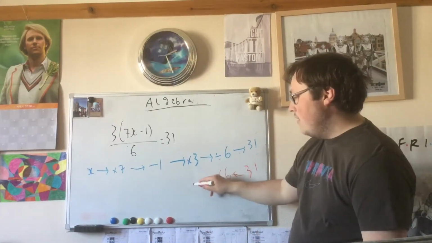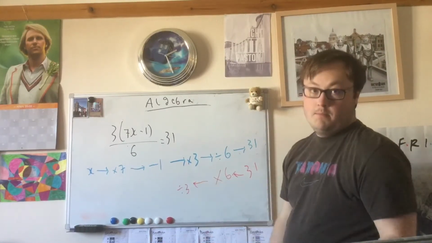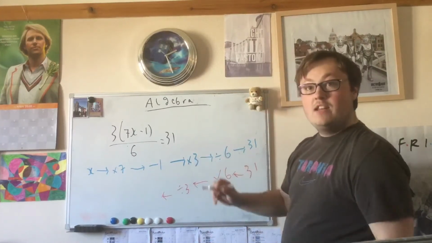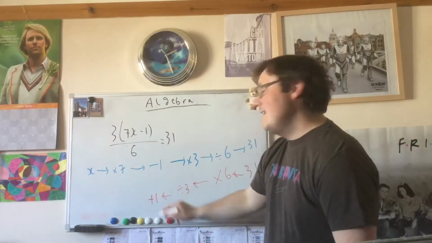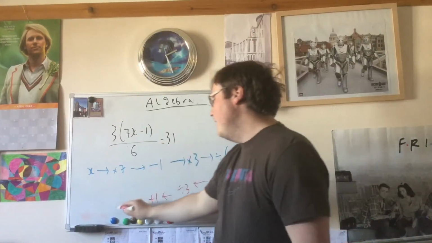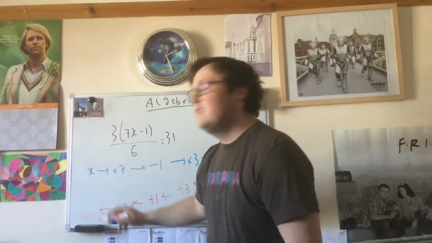Now we do another arrow. Instead of timesing by 3, we're dividing by 3. Do another arrow. Instead of minusing 1, we are adding 1. Then instead of timesing by 7, we're dividing by 7 to get x.